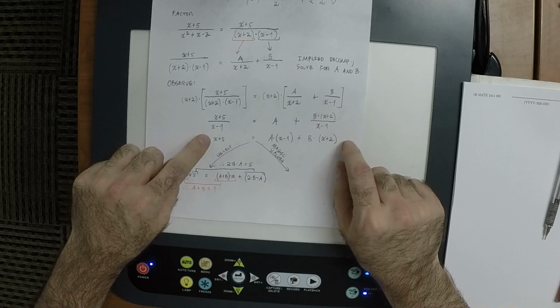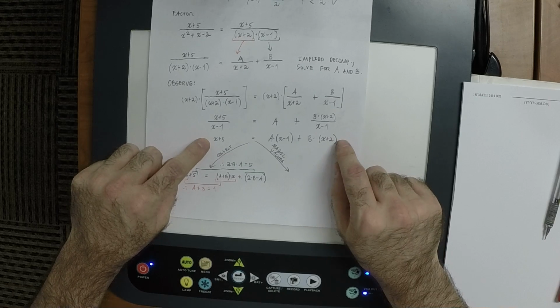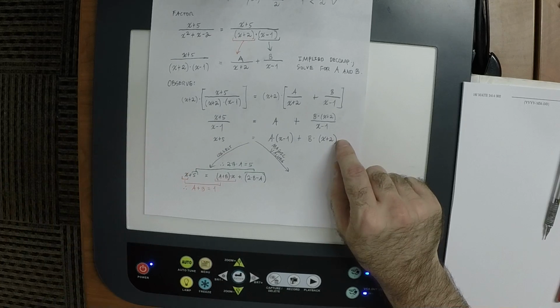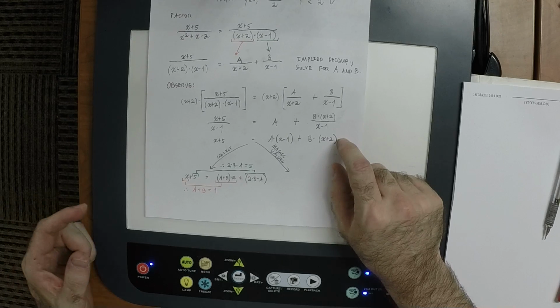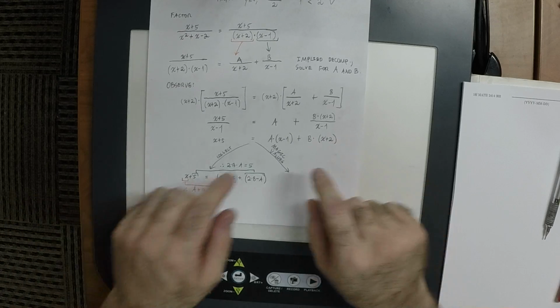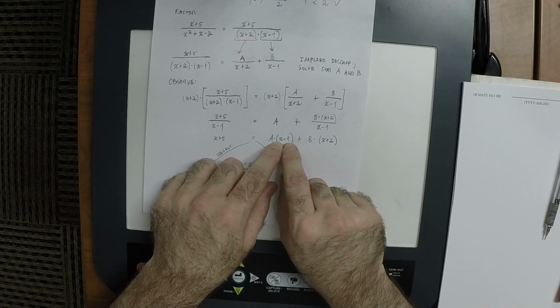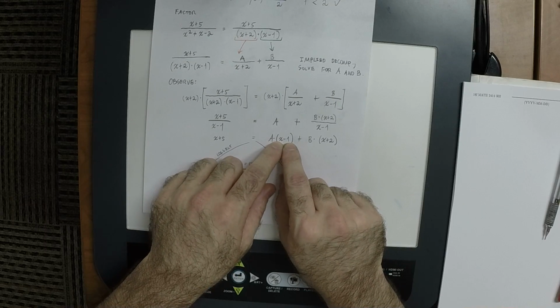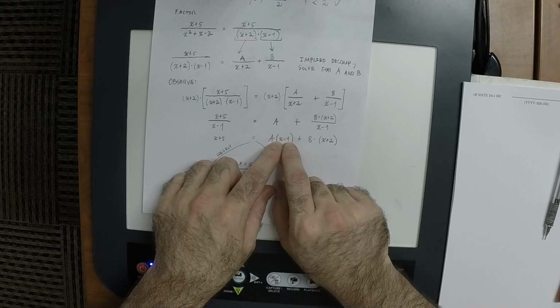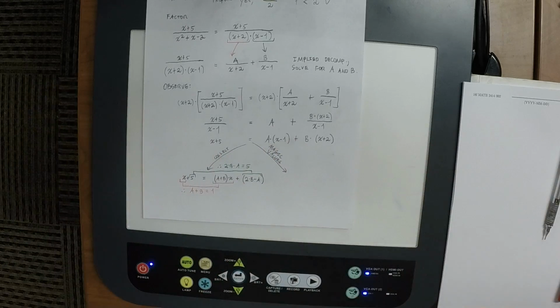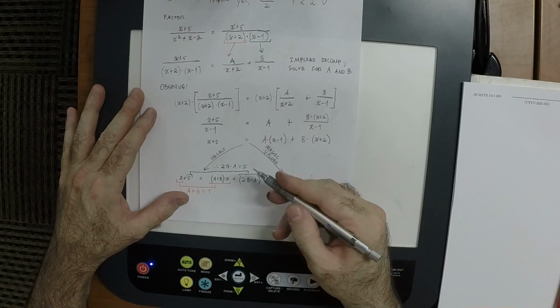So this equation must be true for all x, which means that it's got to be true even for convenient, even magically convenient values of x, right? So because of that factor, what would be a particularly convenient value of x? 1, right? If x were 1, then that whole factor would just evaporate, it'd be gone. So one of the magic values is 1.